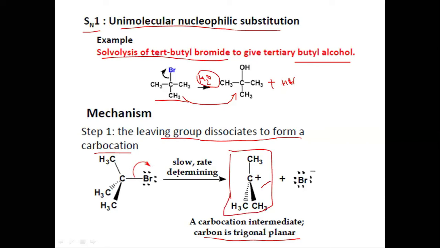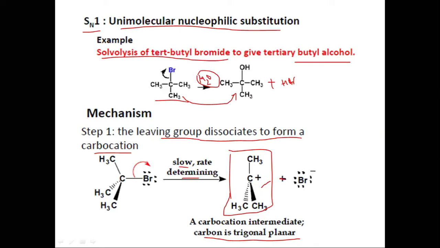The first step is the slow and rate determining step, meaning the heterolytic cleavage of the C-Br bond is the slow step, with the generation of the carbocation intermediate.